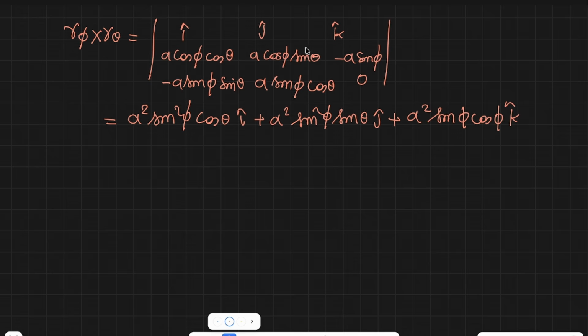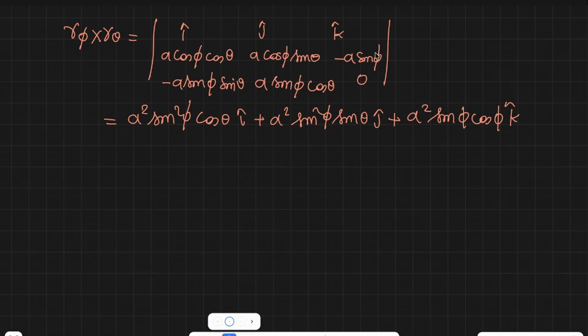How to solve? It's very easy. When you multiply, you get a square sin square phi cos theta for the i term. For the j term, the sign flips, giving a square sin square phi sin theta.